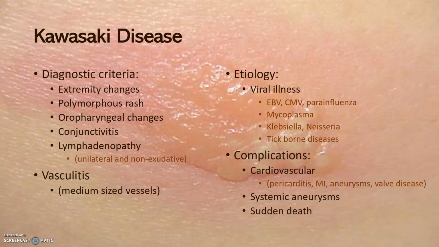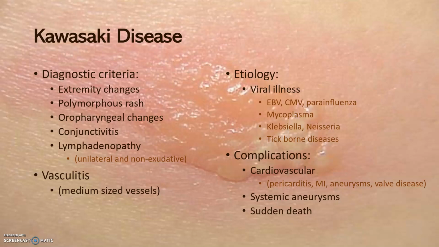So just to remind you of the 5 diagnostic criteria that you look for: extremity changes, including redness, swelling and peeling of the skin of the fingers, a polymorphous rash over the torso and limbs. It can be maculopapular, but it can take on almost any appearance.